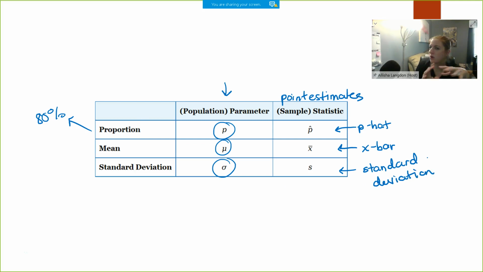P should really only be the new variable that you haven't really seen. P and P hat. We haven't talked about those before, but it's always good to introduce them before we get to them. Okay, any questions on parameter and statistic? So it's just for population and sample, just differentiating the two.